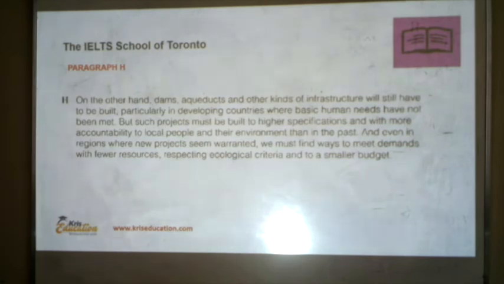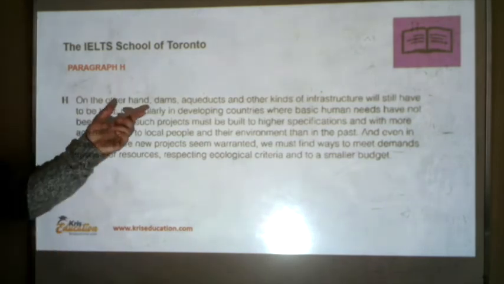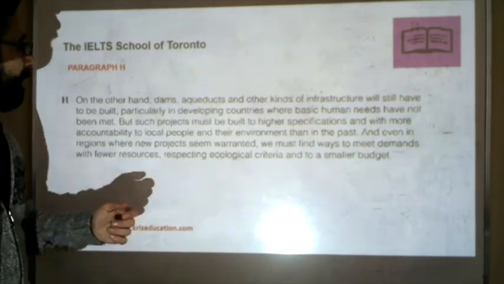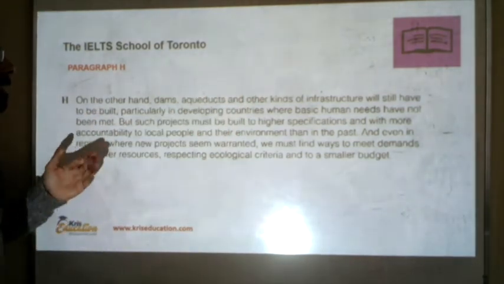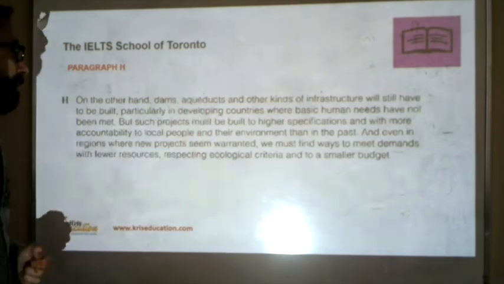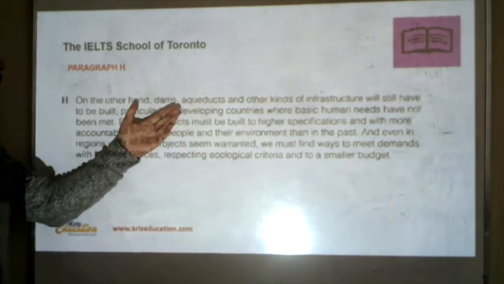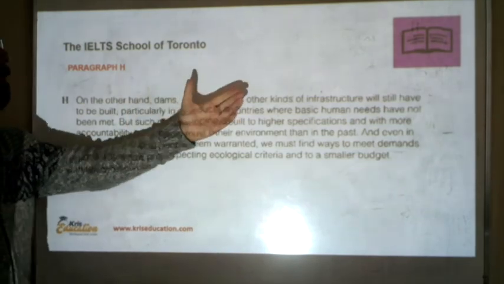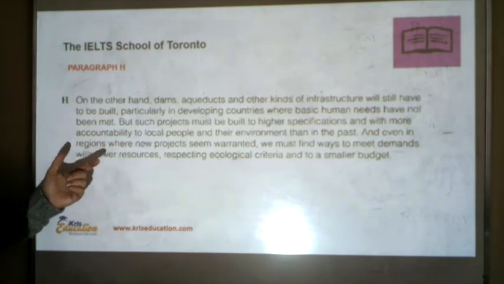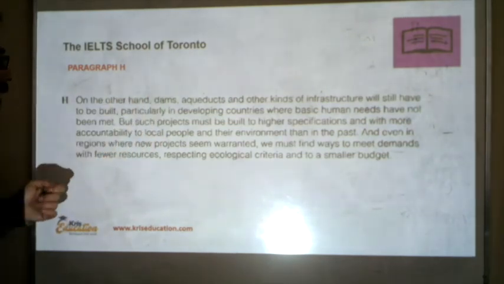The first sentence is talking about dams and other kinds of infrastructure that will be built, particularly in countries in development. So dams and other kinds of infrastructure will be built in certain countries where human needs have not been met.